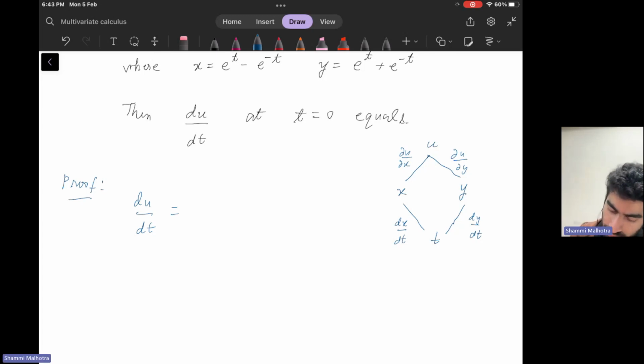So this would be just del u by del x into dx by dt plus del u by del y into dy by dt. So this is just the chain rule.